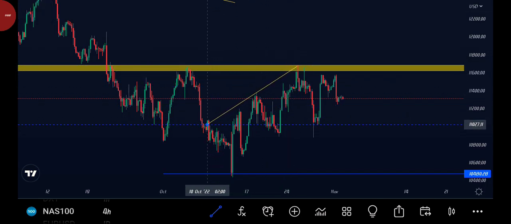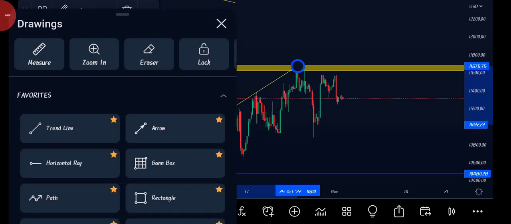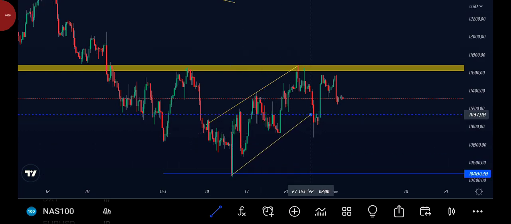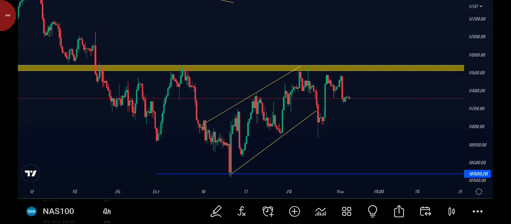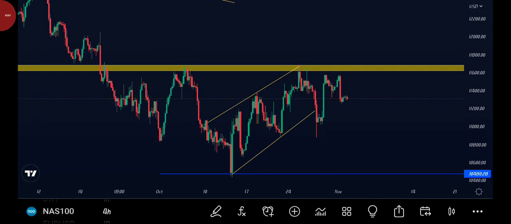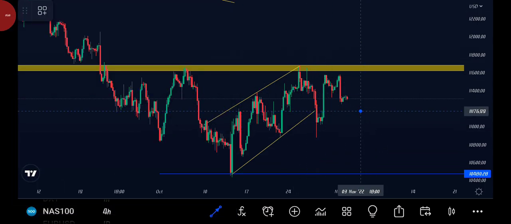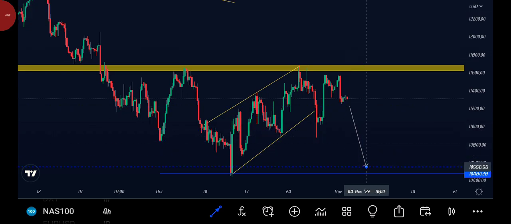So this is it. It's an ascending channel in a downtrend, right? So it broke the channel to the downside, and currently it's still selling. So it formed a double top, this one over here. So I'm expecting this pair to drop at least to complete the 90% of this channel, right?